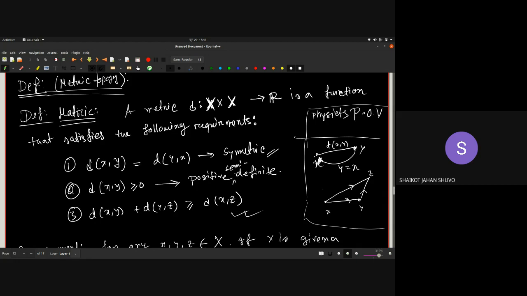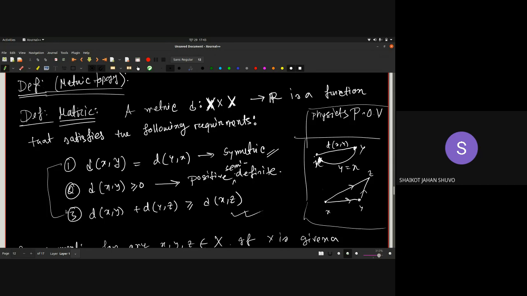So your new set, X cross X, is given by elements that carry two items, x comma y, where x and y both belong to capital X. From there you define a metric, and your metric should satisfy these three conditions.